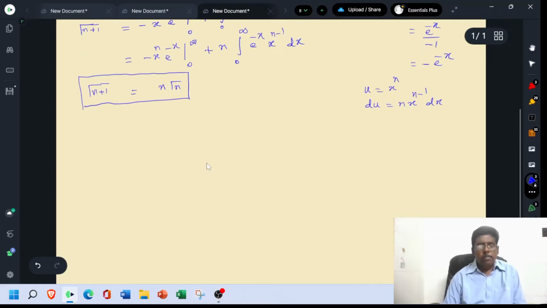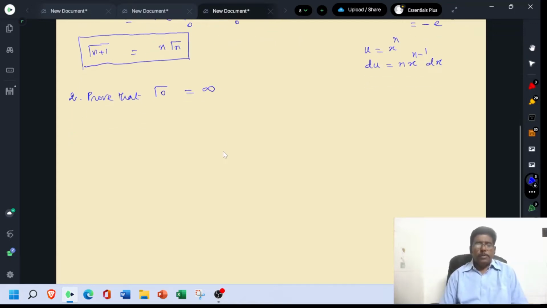The second problem is: prove that gamma of 0 equal to infinity. To prove this, take this equation, gamma of n plus 1 equal to n gamma n. Here gamma of n is equal to gamma of n plus 1 by n.